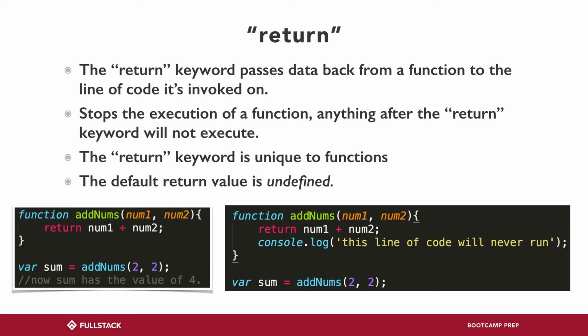So if that's going to affect your code, then be very clear on the last line. If you don't want it to return undefined, you can say return 0, return null, return something else, right? But keep in the back of your mind that all programming languages have a default return, and in JavaScript it's undefined. So in this case, this console log on the far right is not going to run, because it comes after the return.